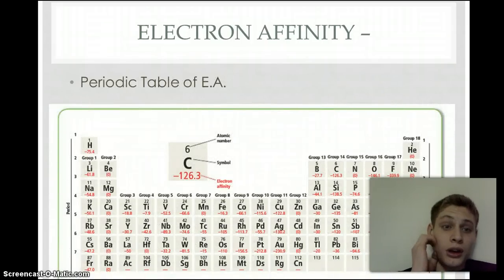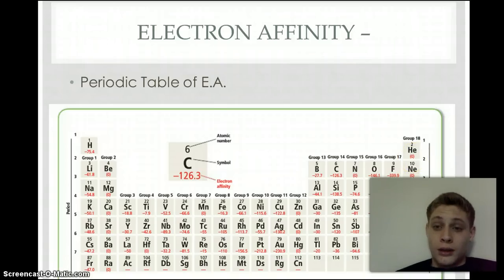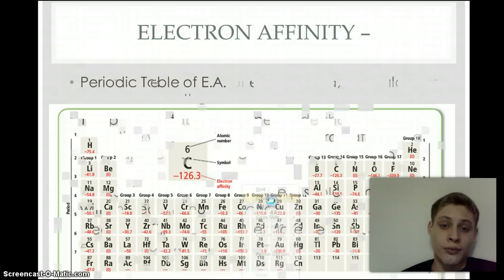And here's a picture of the periodic table and the elements with their electron affinity. See how you have some atoms at zero, like in the previous slide, where we had some elements at zero and some were higher than others. Carbon is negative 126.3, but nitrogen next to it is 0. We can go back and show you.